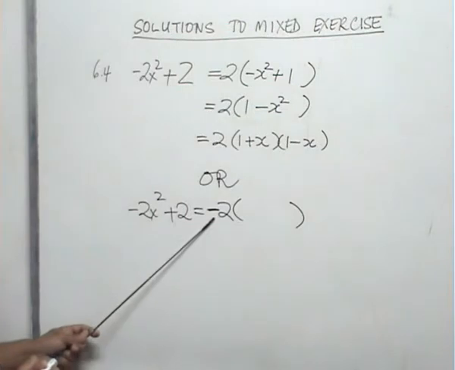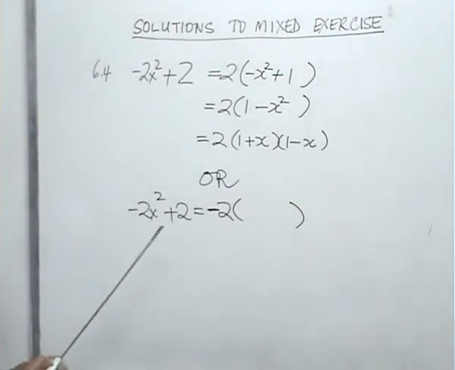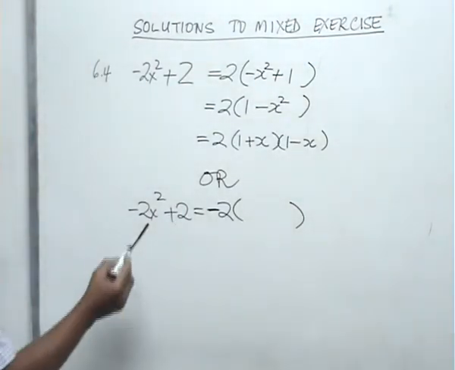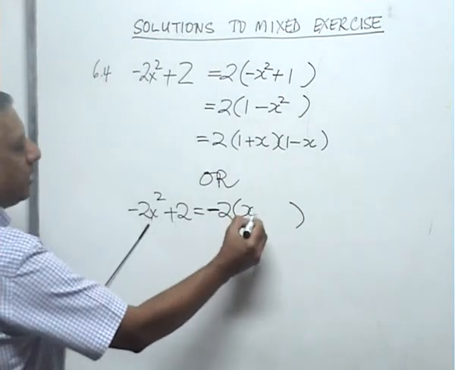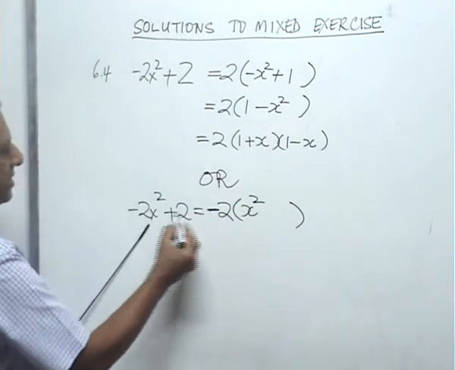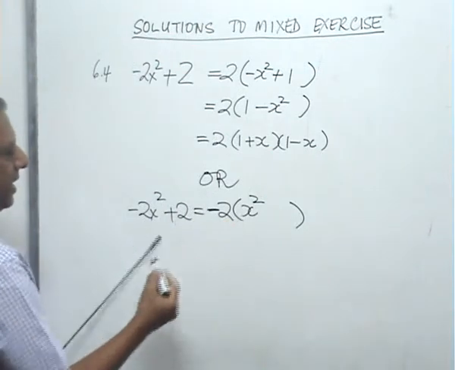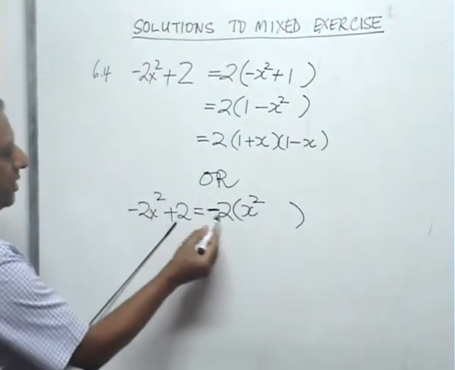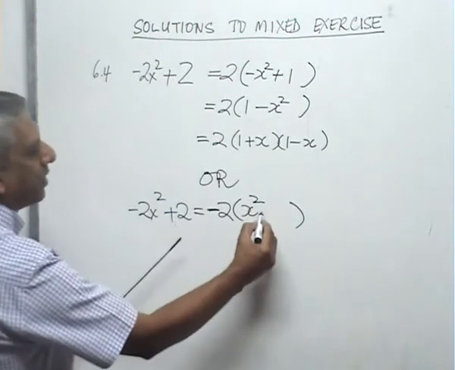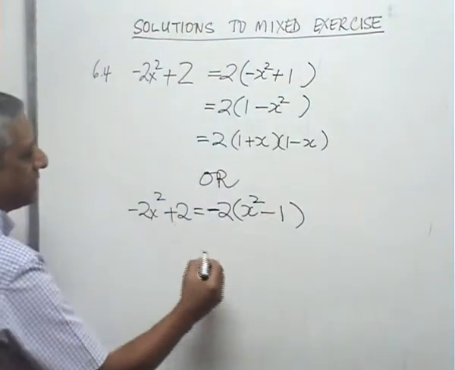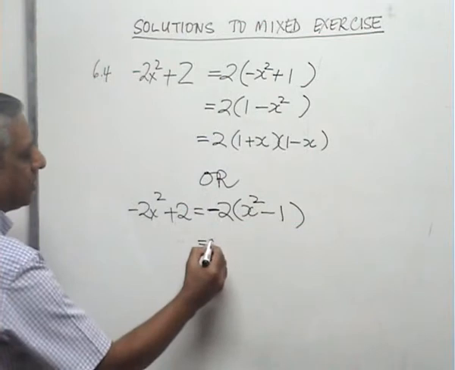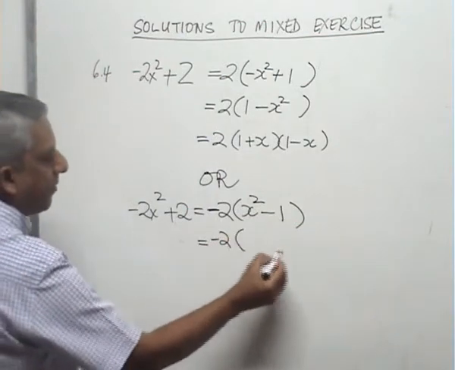Now if you take out minus 2 as a common factor, then when you divide here by minus 2, you'll be left with x squared, because minus divided by the minus gives you plus. And then plus 2 divided by minus 2 will give you minus 1. And so there's your minus 2.